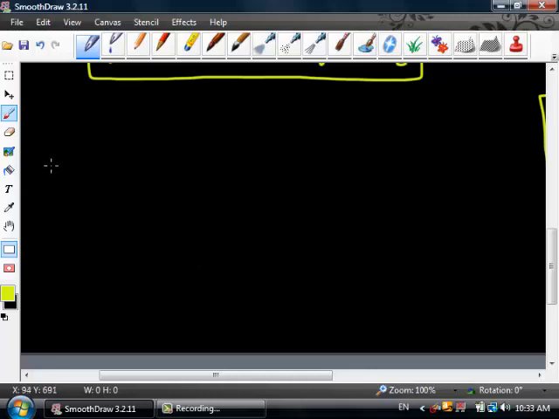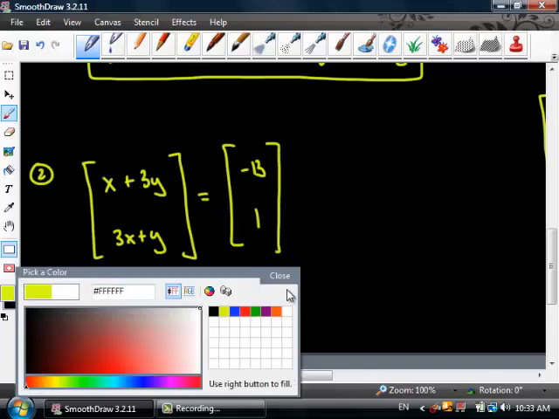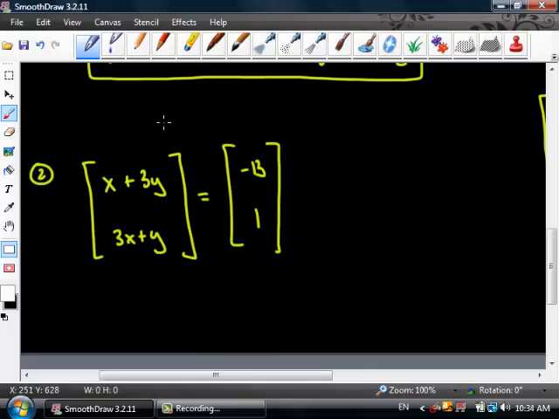If I give you something like in example 2 here, x plus 3y and then 3x plus y, and I say that equals negative 13 and 1, one thing I want you guys to know is that because these are being added together, this is really one term here.